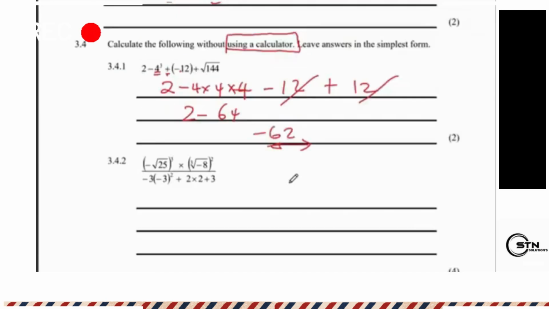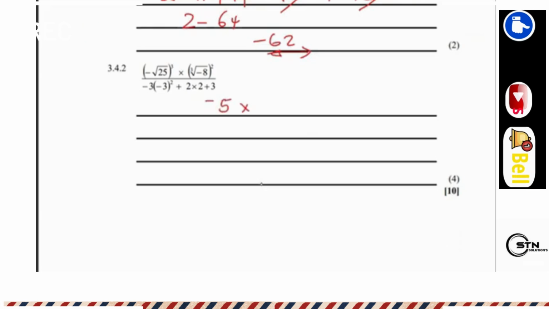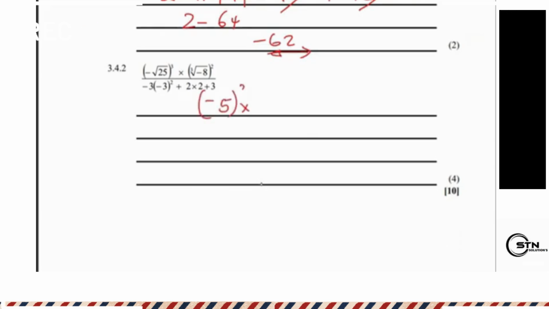Okay. Same story, no calculator needed here. We have this cubed times the square of this and that. Let's start by simplifying the square root of 25. We know that is going to be a 5. So that's going to be -5 cubed.